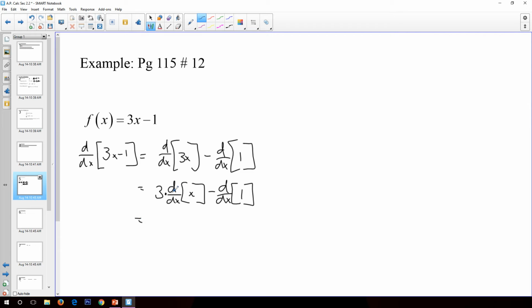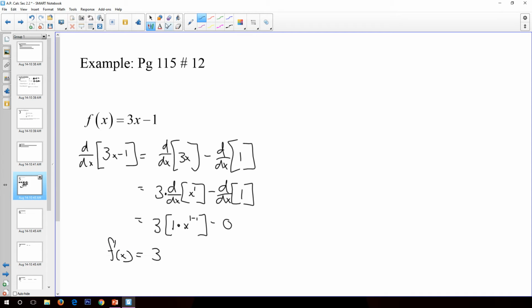Now, the derivative with respect to x of x, remember this is to the first power, so it's going to become 1 times x to the 1 minus 1. And then the derivative of a constant is always 0. Now x to the 1 minus 1 is x to the 0. Anything to the 0 power is 1, times 1 is 1, times 3 is 3. And so my first derivative, f prime of x, is 3.